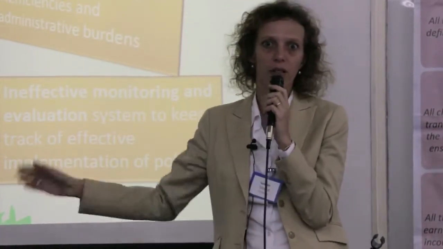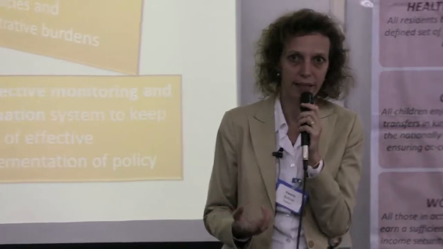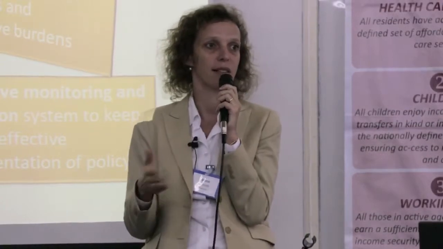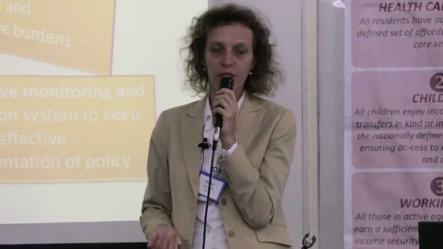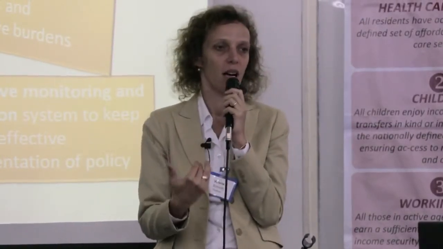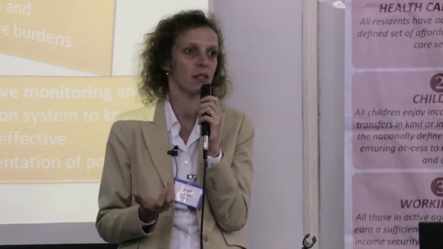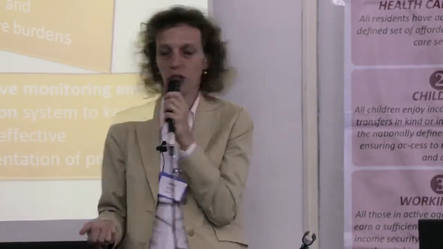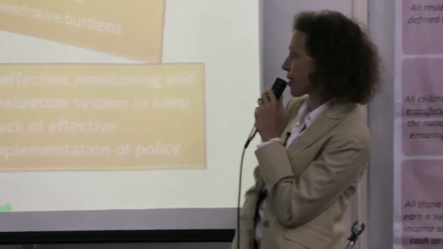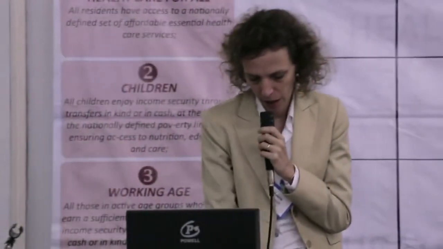But there is a lot of waste in terms of energy and administrative processes, because each scheme has its own administrative procedures, instead of trying to merge the common administrative procedures so that they can concentrate their efforts on other things, they just duplicate. So this is not a policy gap, it's really an implementation issue. And ineffective monitoring and evaluation systems, so that we don't really know who is covered and which schemes are really implemented.